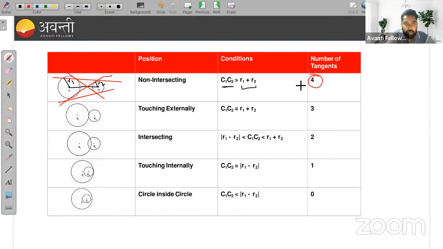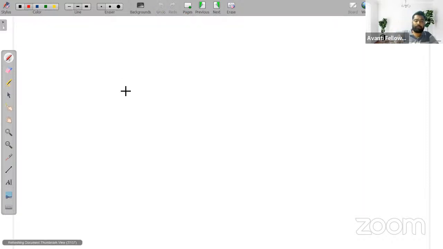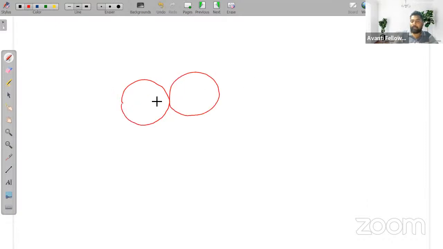Now if two circles are touching each other at a point, I'm drawing the figure here. When the two circles are touching each other at a single point, and this is my C1 and this is my C2, then the length of C1C2 will be the sum of their radii.